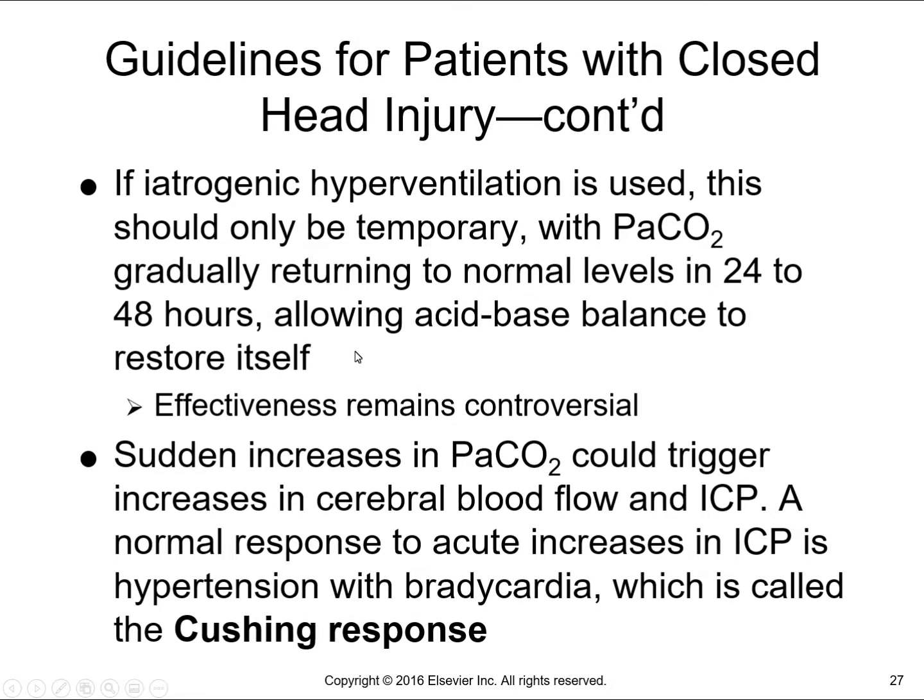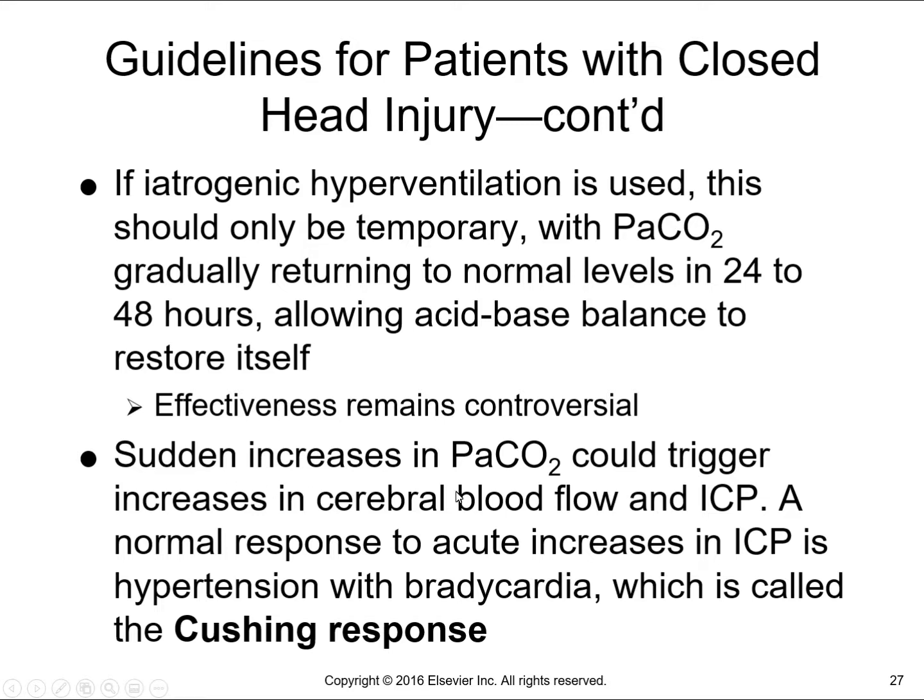So if we have iatrogenic hyperventilation, we hyperventilate them so that they can get good minute ventilation. They're blowing off some CO2. So therefore, I think if you blow off your CO2, you start to vasodilate, so that should drop pressures. Okay, so based on that, and you don't want to drop the pressure too much, right? So we'll drop it for 24-48 hours, and then it'll just go back to normal.